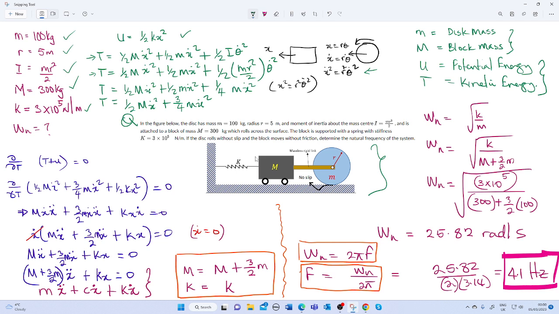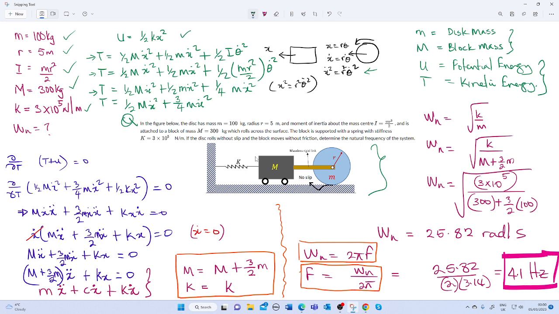That becomes T equals half M, the mass of the block, s dot squared, plus half m, the mass of the disk, s dot squared, plus 1 over 4 m s dot squared. So our equivalent kinetic energy T equals half M s dot squared plus 3 over 4 m s dot squared.